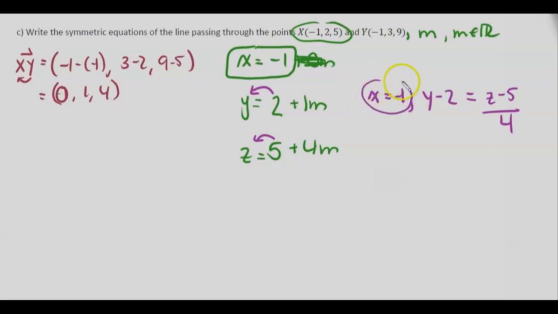And I think that it's more acceptable, and it's better form to write our symmetric equation first, then put a comma, and then list any of these parametric equations after, where we would have had to divide by 0, so that doesn't work. Because we want to have this equivalence, right? Equal sign, equivalence, this equation first, and then the x equals -1.